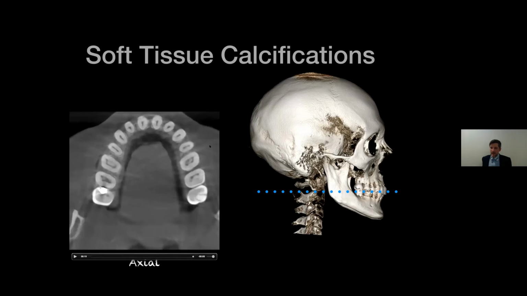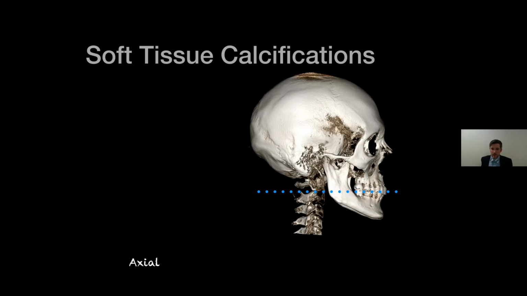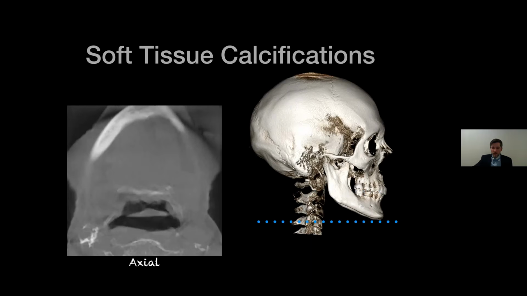Oh, carotid calcification. Yes, I can show that. So here, we just moved that slice low, from the level of occlusion to below the mandible. So here we are at the level of C4. And here we can see the calcifications look circular, almost like they're lining the wall of the vessel.